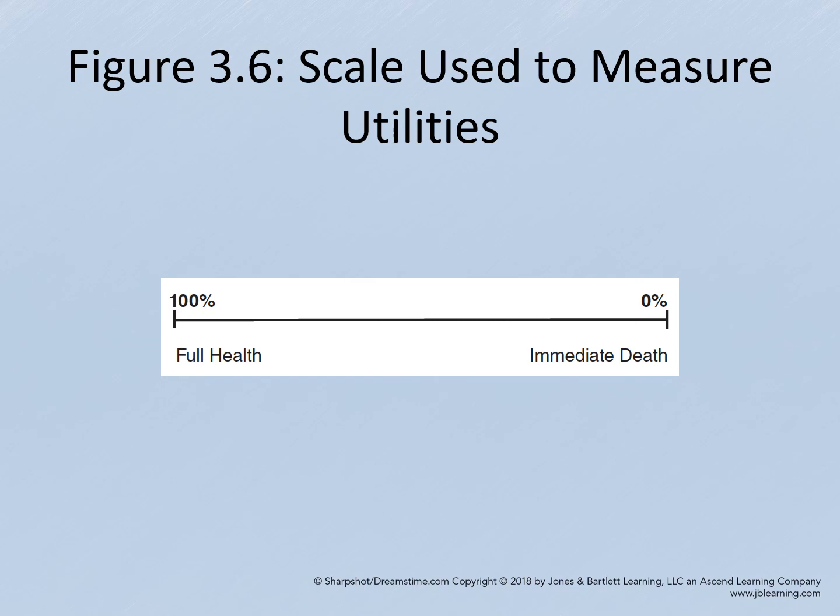Based on how a person perceives or identifies that a particular outcome is important to them, a utility score would differ. So it measures and compares the value or importance that different people place on different outcomes. Full health gets 100% utility, and immediate death gets 0% utility.